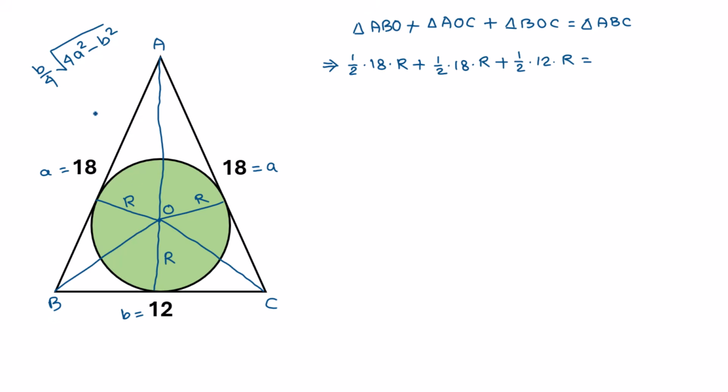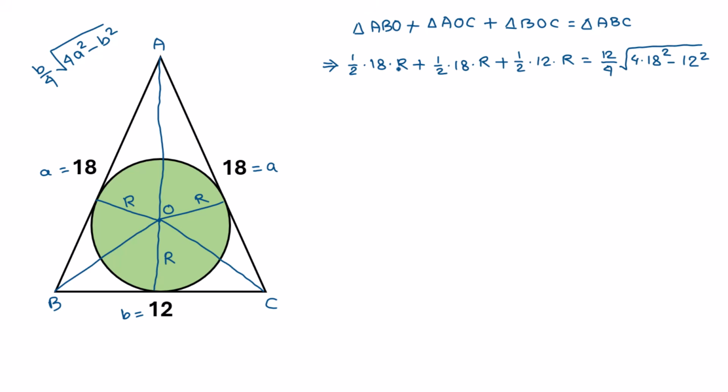Now substitute the values of a and b. We get 12 divided by 4 times the square root of 4 times 18 square minus 12 square.